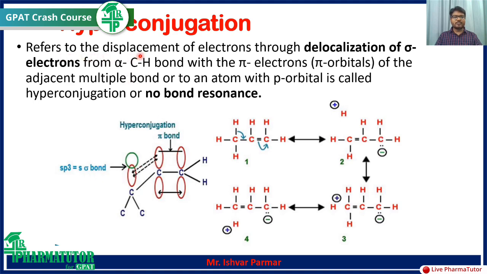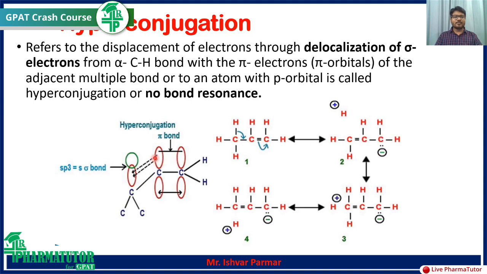It refers to the displacement of electrons through delocalization of sigma electrons from the alpha carbon-hydrogen bond with the pi orbitals of the adjacent multiple bond, or to an atom with a p orbital. This is called hyperconjugation, meaning no bond resonance. Simply remember it is overlapping of a sigma bond and a pi bond.